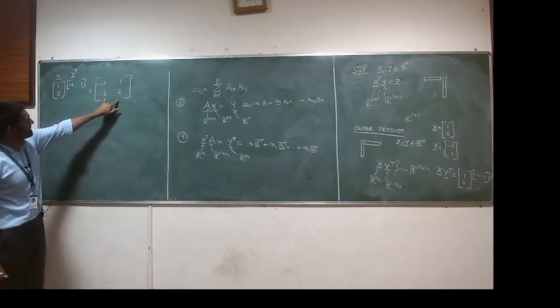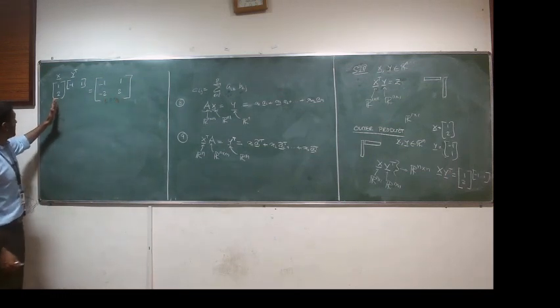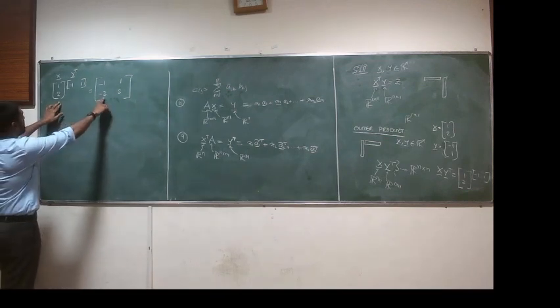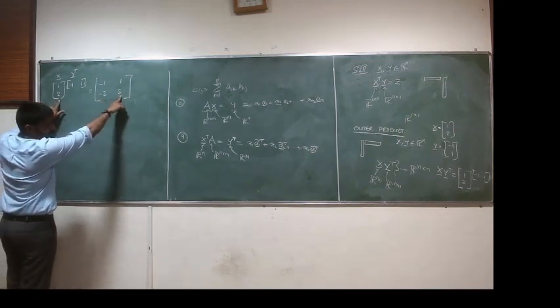See, the columns of this matrix are scaled versions of x. So this is minus 1 times this, and this is 1 times this.